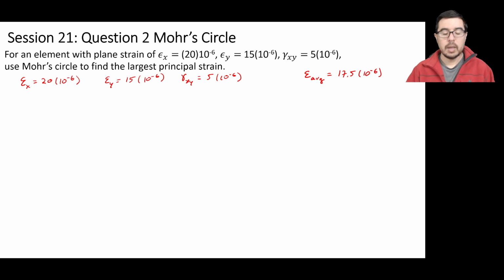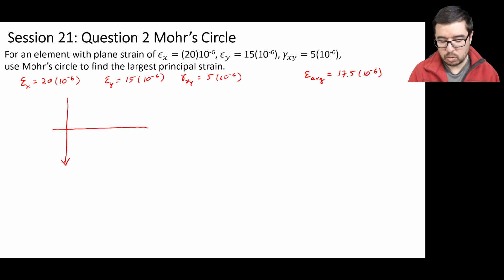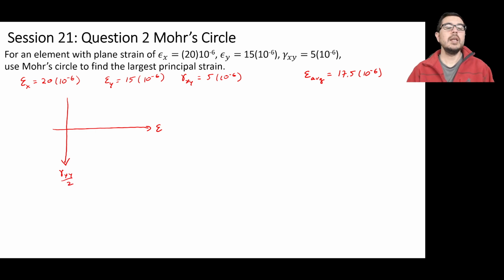microstrain. And once we've done that, we might as well go ahead and draw our epsilon and gamma xy over 2.